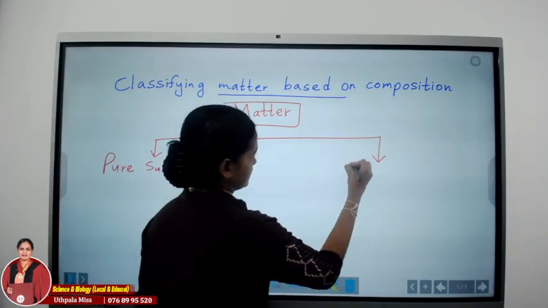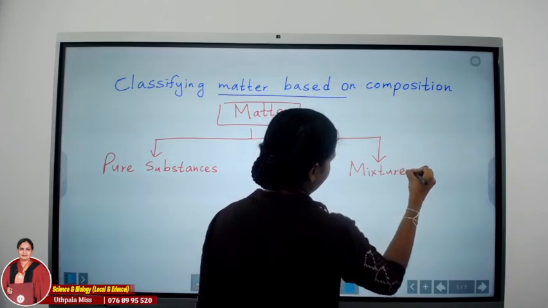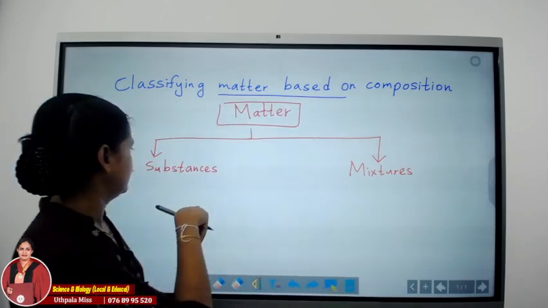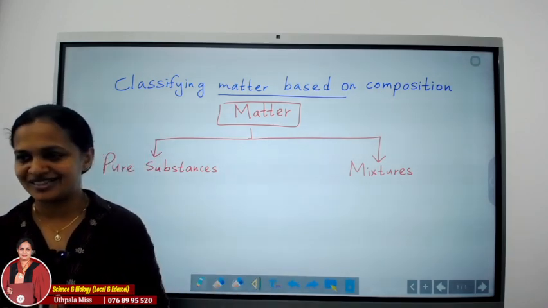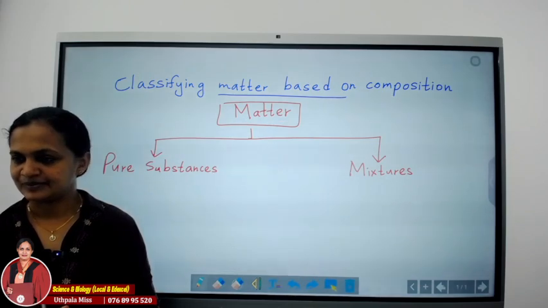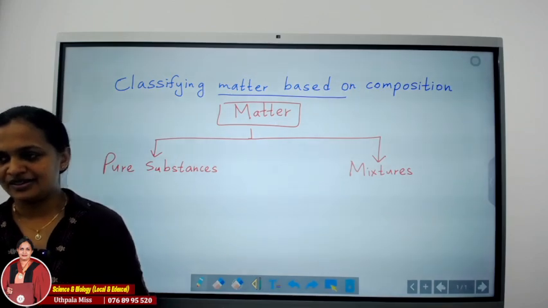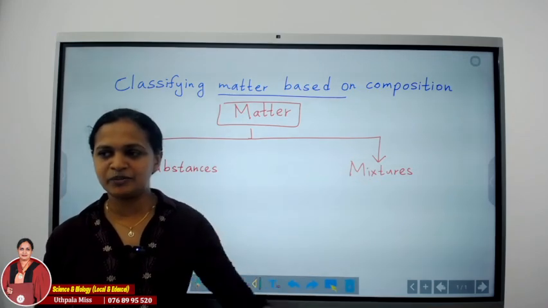In our surroundings, in our day-to-day lives, do we meet pure substances or mixtures in abundance? Mixtures, because pure substances are sort of rare. Yes, most probably we experience mixtures.